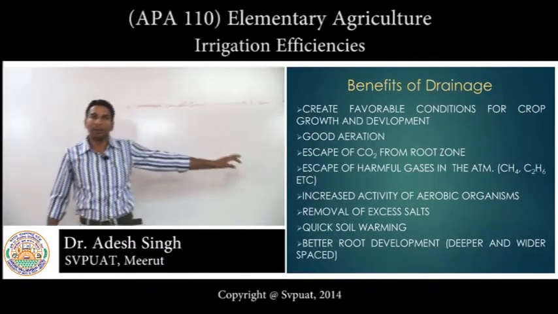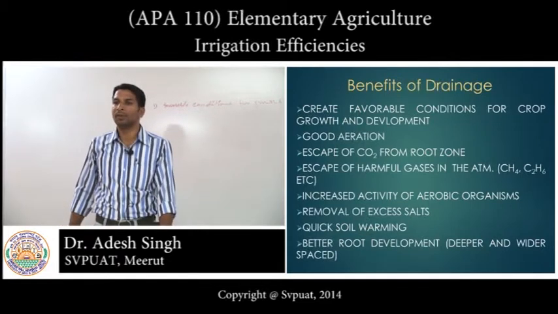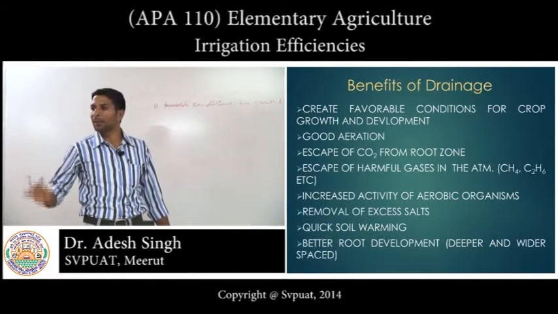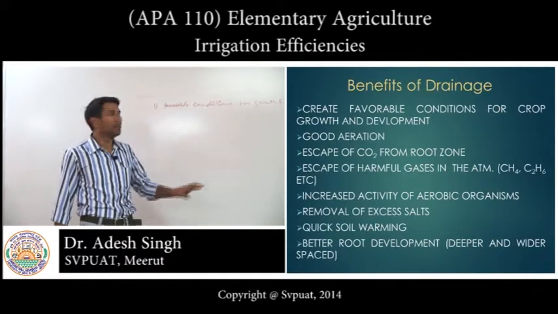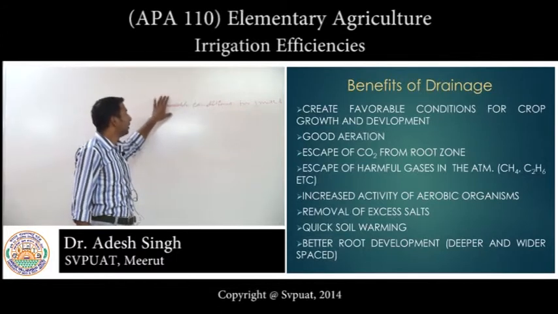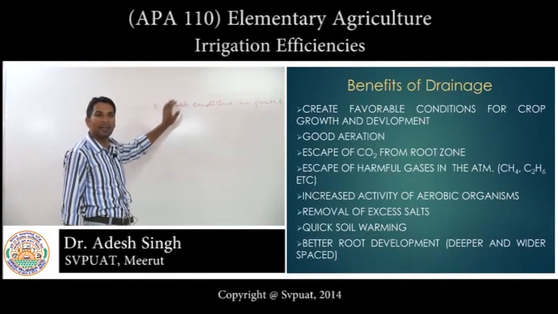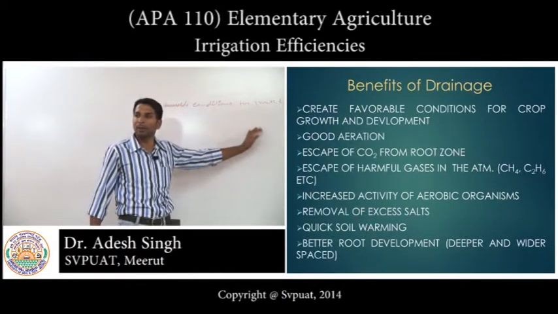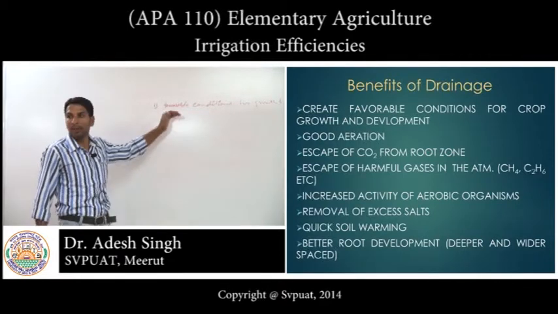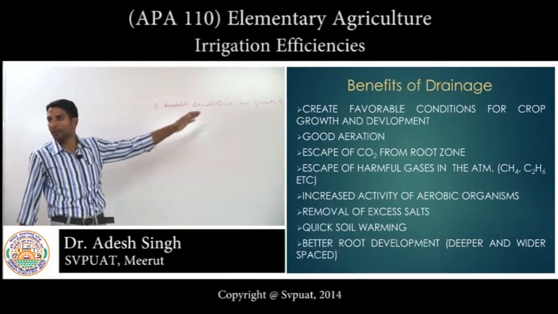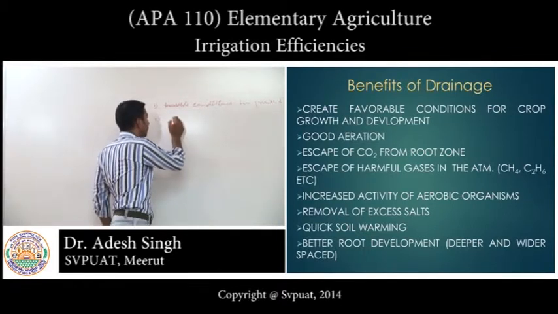As you all know, 20 to 30, or on an average 25% of air is necessary for good growth and development. So if proper drainage is there, means if aeration is proper, then the growth and development of the crop plants will be at optimum level, and it creates favorable conditions for growth and development.